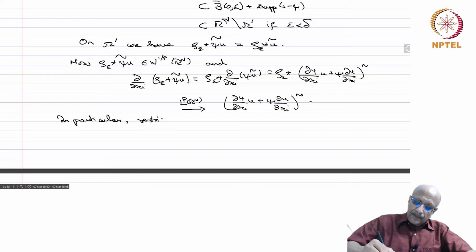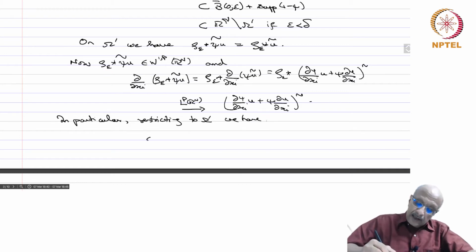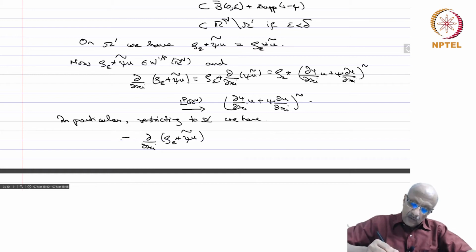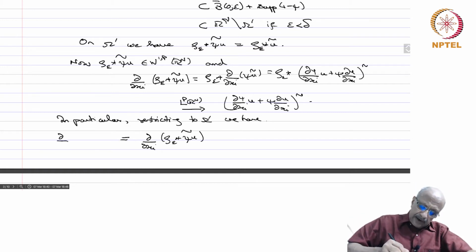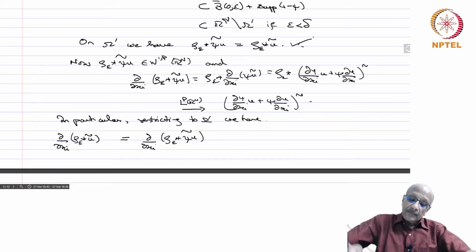So in particular, restricting to omega prime, we have d by dxi of rho epsilon star psi u tilde, which we know is equal to d by dxi of rho epsilon star u tilde, because we have this condition here: rho epsilon star psi u tilde is rho epsilon star u tilde.